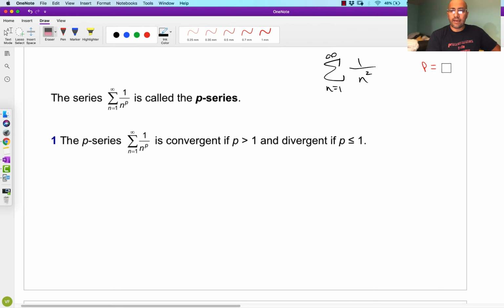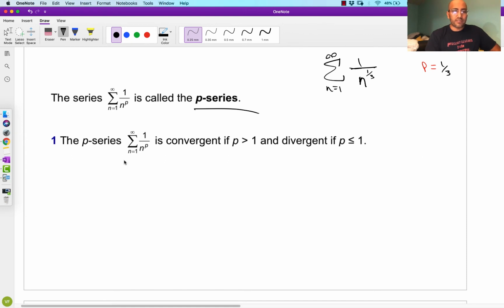Or it could be that instead of a 2, we have n to the power of a third. Here, p is a third. We saw cases where we had a half, and cases where we had a 2. We've worked with cases where we just have a 1, which is just 1 over n. So all those series are called the p-series family.